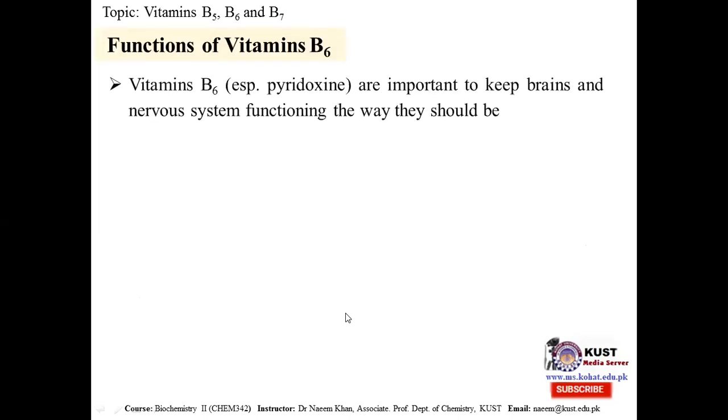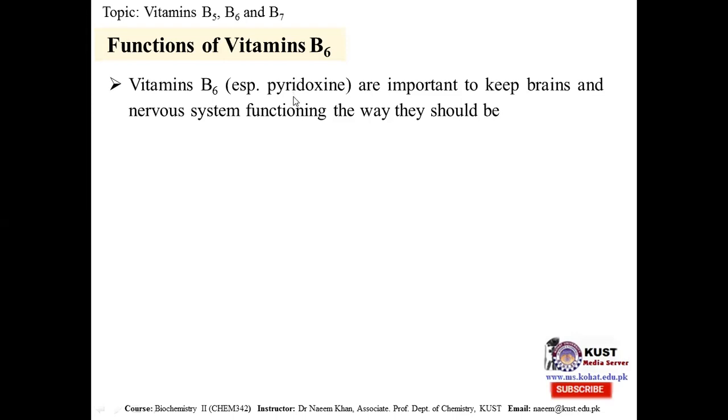Functions of vitamin B6. Vitamin B6, especially pyridoxine, is known to be important to keep the brain and nervous system functioning the way they should. It is a very important vitamin because it is required for the proper functioning of the nervous system.